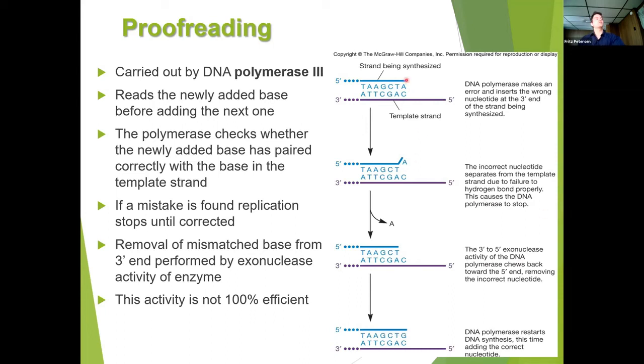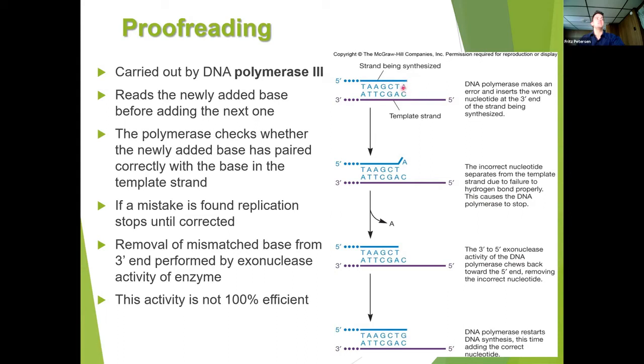So if I could draw your attention to the diagram here. The purple represents your template strand, and the blue is the new strand being added. And here at the end, at the newest base pair, you can see there's an A that has been added on the C template, which is incorrect because cytosine doesn't pair with adenine.